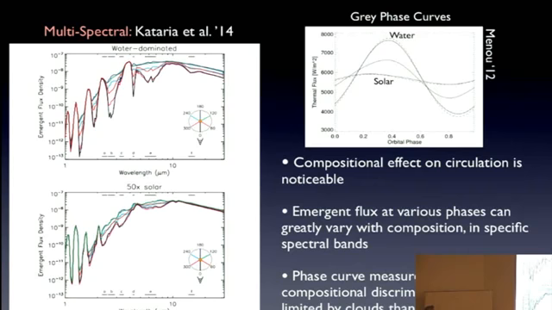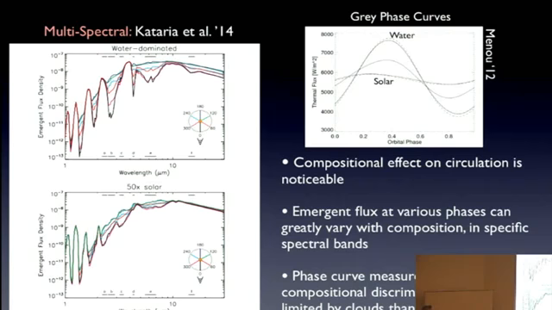The different colors of lines correspond to different phases, so where you look at the planet on its orbit. If you stick at this wavelength and look at the planet, you see a strong modulation of the phase curve. It goes up and down as it goes along the orbit. So something like that for water.